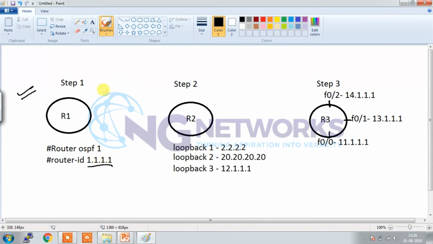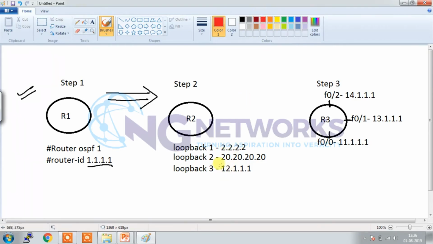So let's suppose there is no router ID manually given on the router, then what will happen? Let's suppose this is a router in which there is no manually configured router ID, then it will do the election on the basis of loopback IPs. So the loopback which has the highest loopback IP will be your router ID.